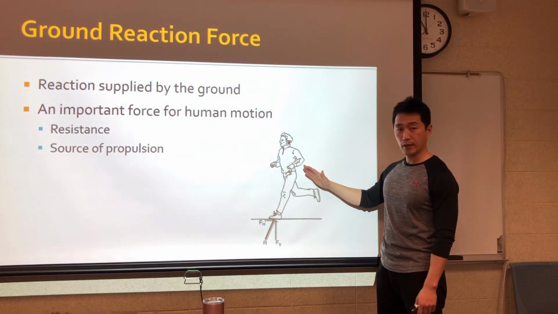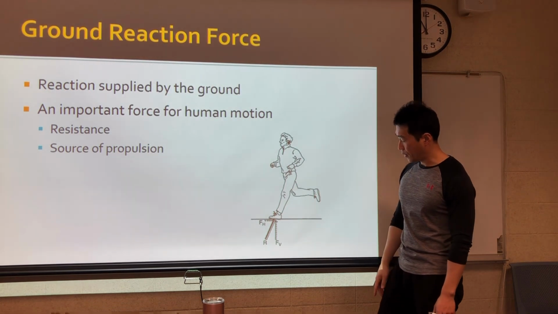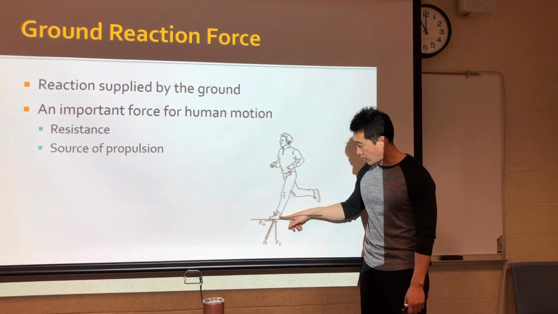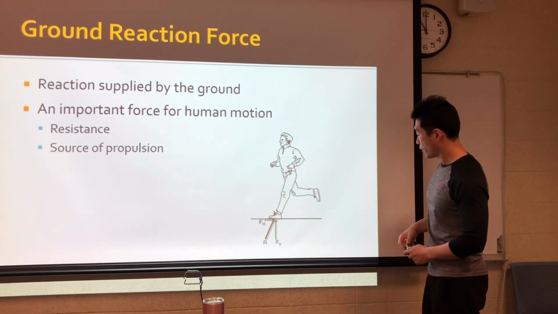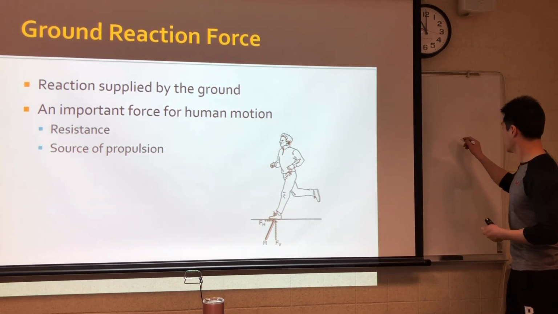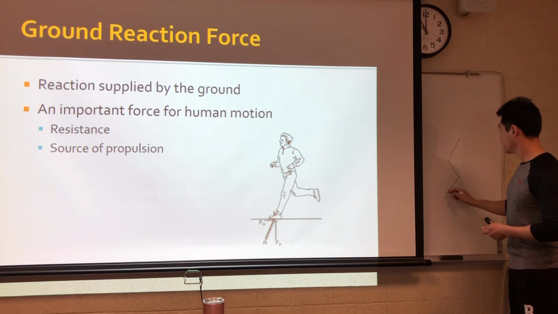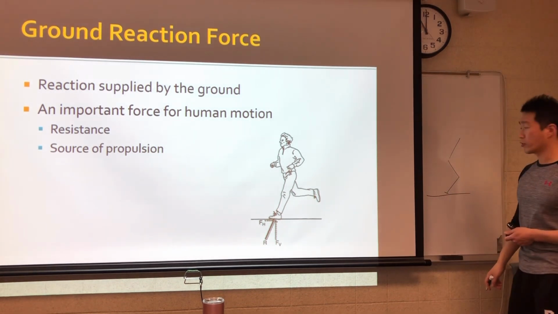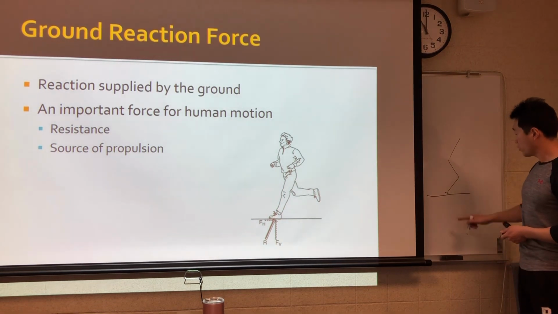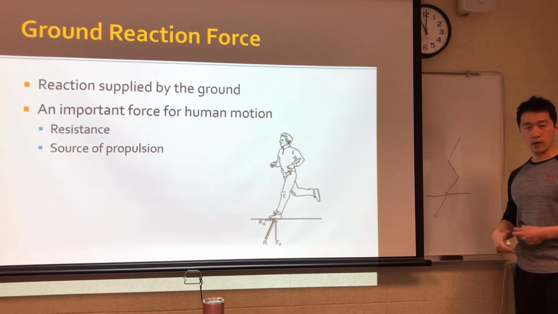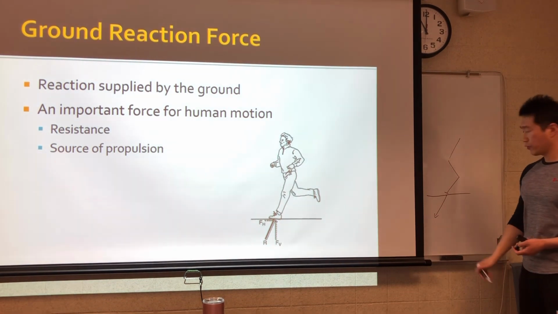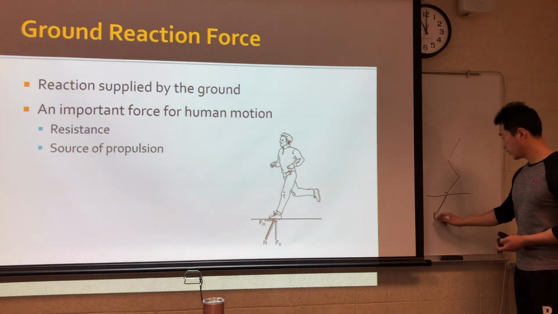He's running here, right? Running here, and then he steps on this ground. Let me just draw. Ground here. Okay, he's running. When you run this way, he is going to generate a certain amount of force to the ground, like this.